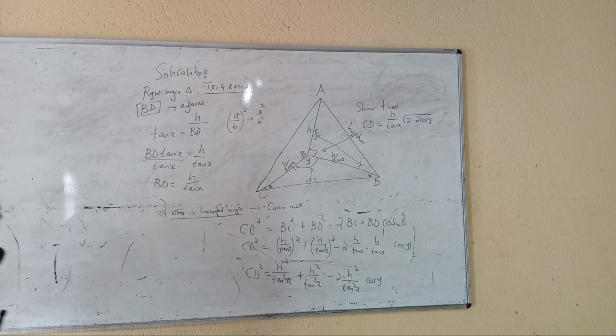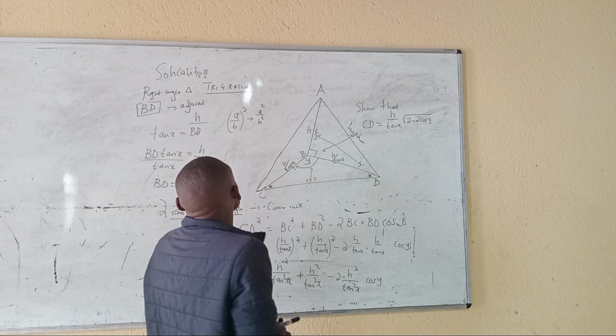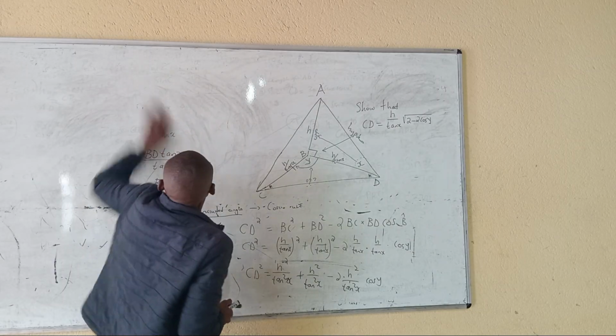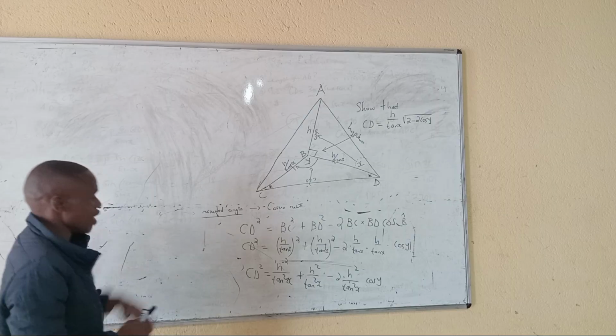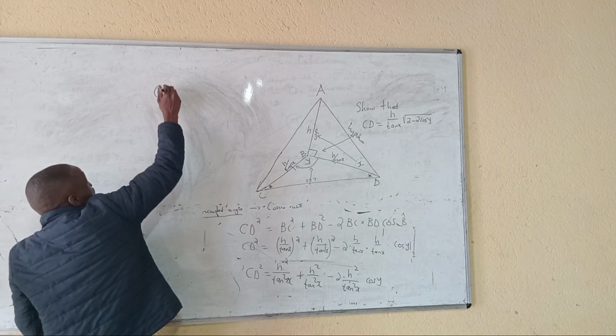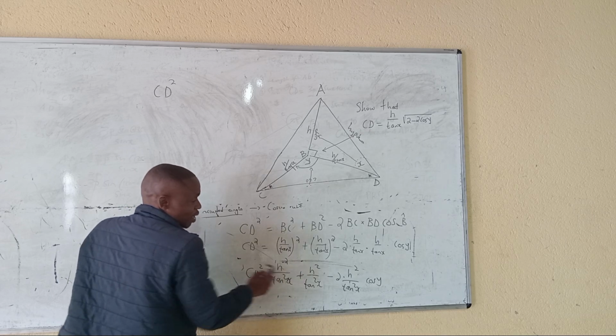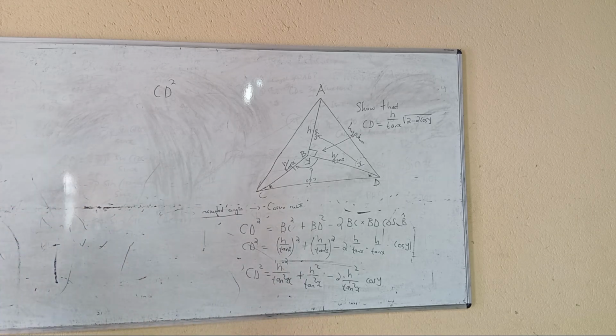Let me write it here. So you are going to have CD squared. If you add these two guys, they become 2. Again, you are adding the same thing: H squared over tan squared x plus H squared over tan squared x.